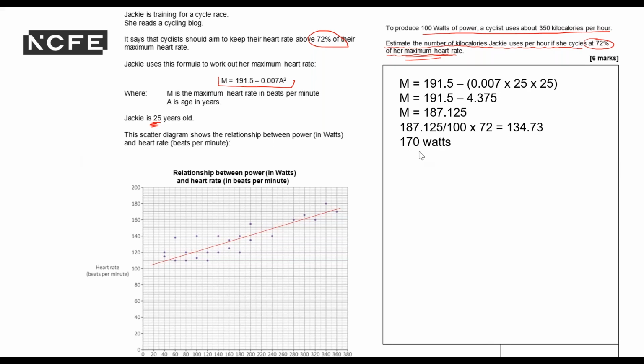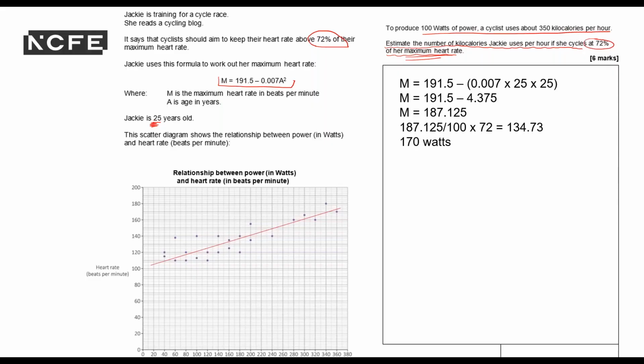So we've got a lot of the way through this question here, but we still haven't got a final answer. We need to estimate the number of kilocalories. So we've got the watts of power.